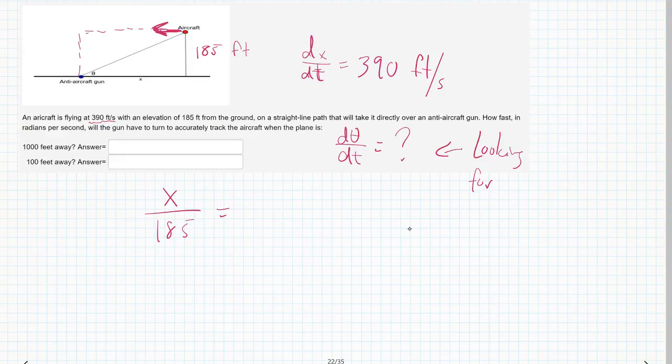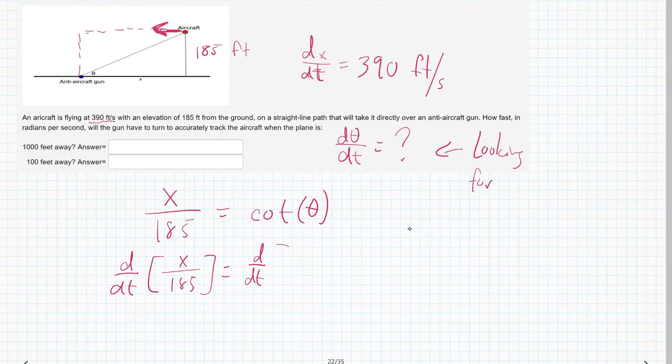That's adjacent over opposite, which is cotangent of theta. Now we want to find an answer. All we need to do is take a derivative with respect to t. So d dt of x over 185 equals d dt of cotangent of theta.